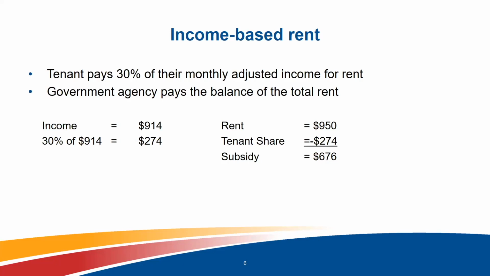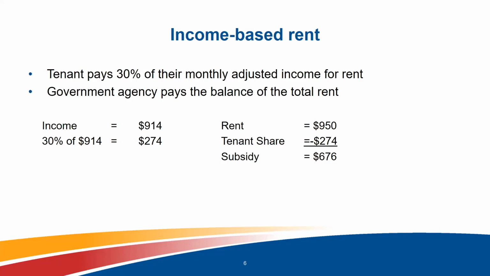Let's look at an example. The 2023 SSI federal benefit for an individual is $914, although some states do provide a state supplement. 30% of $914 is $274. So a tenant with an income of $914 will pay $274 for rent and utilities.